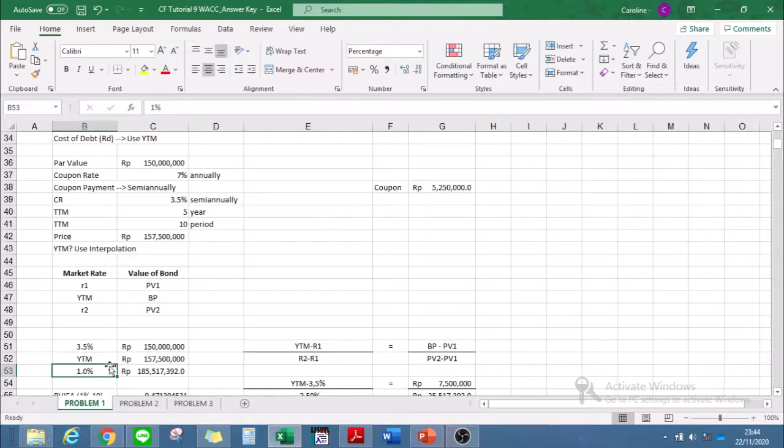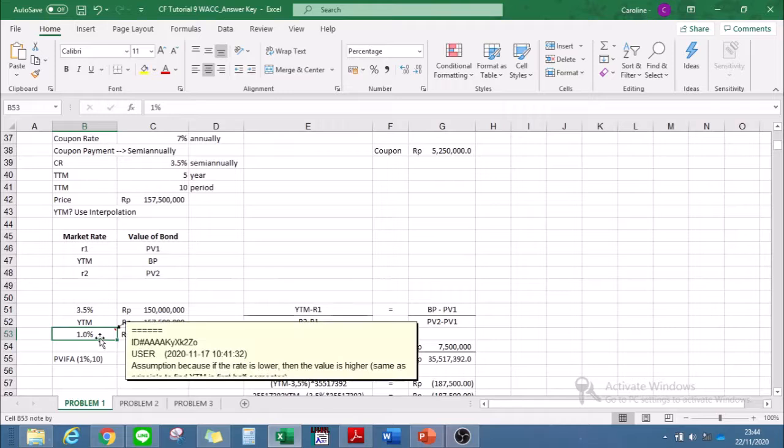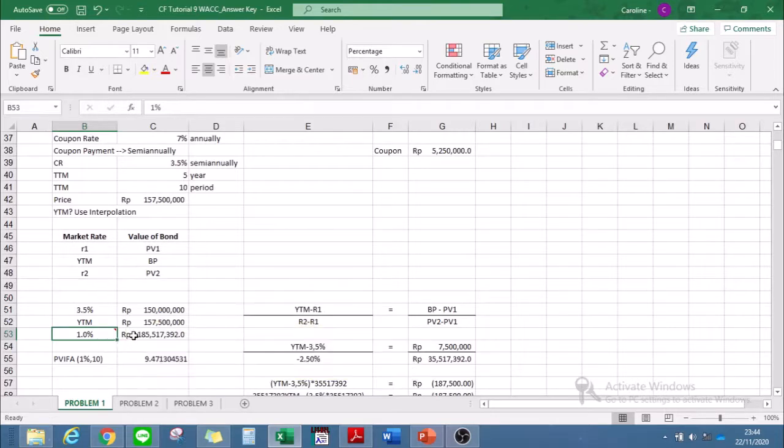Okay, and if we use 1%, the price of the bond is going to be 185,517,392. Okay, how do you get this?